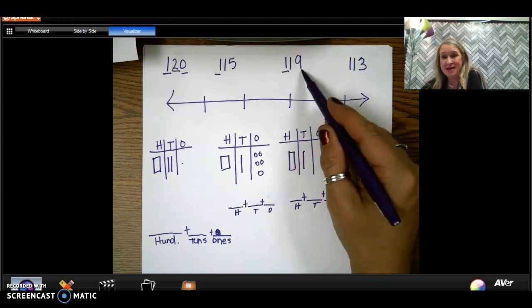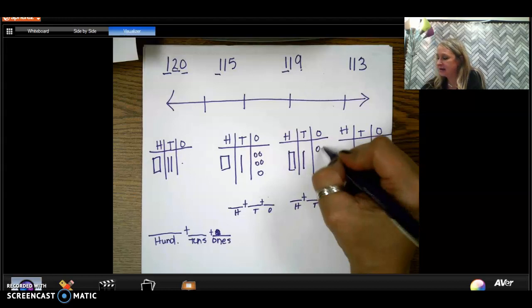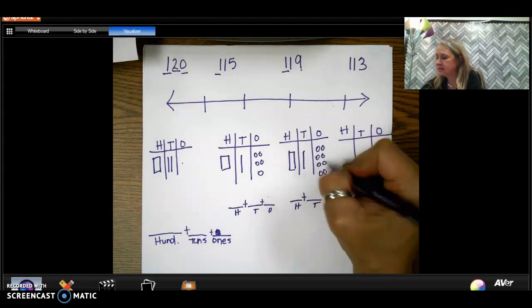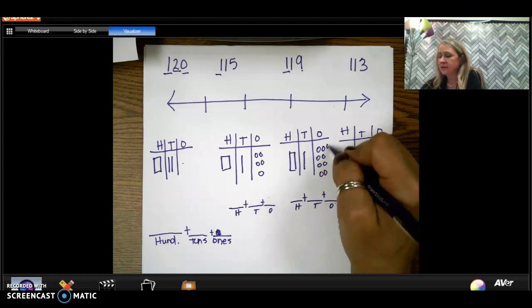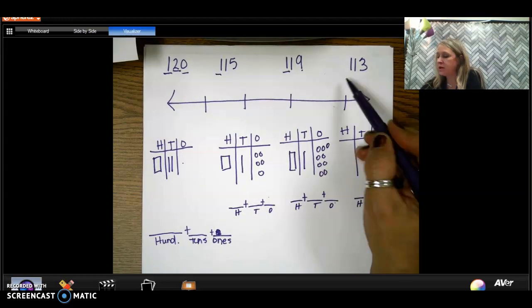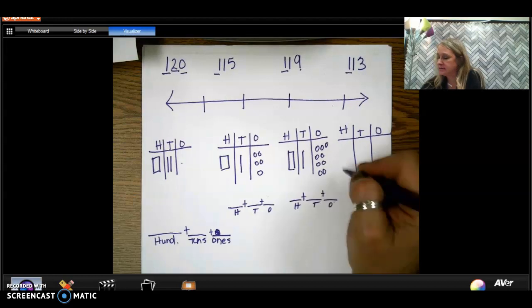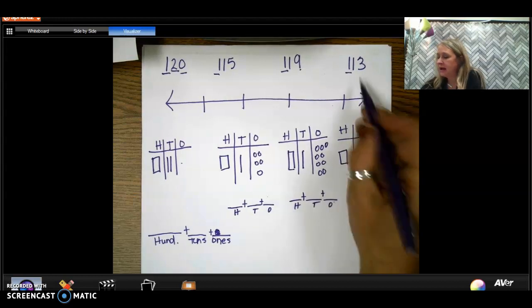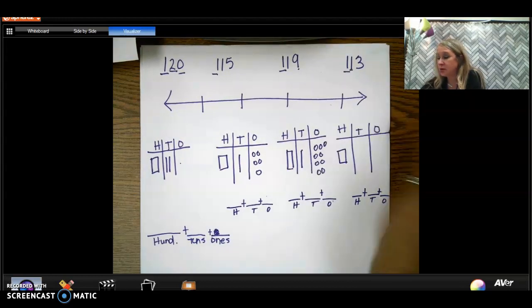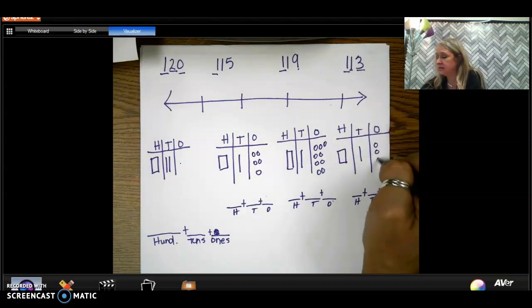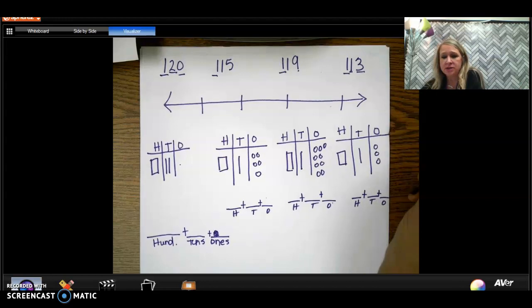How many ones? 9. There's that big number 9 again. Stick that one in there. What about 113? How many hundreds? 1. How many tens? 1. How many ones? 3.